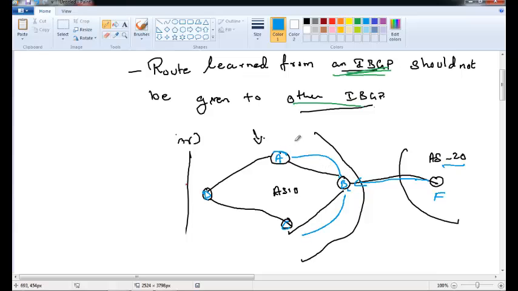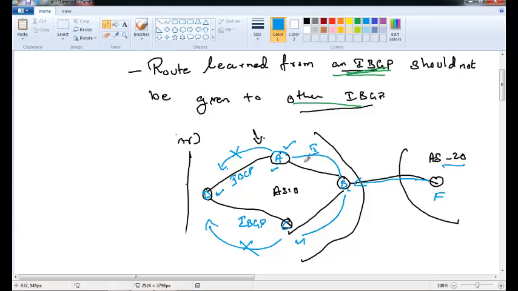So the route will be given to A as well as to C. Now this A and this D are IBGP neighbors. Likewise, C and D are IBGP neighbors. What split horizon says is, whatever you learn from one IBGP, you should not give to other IBGP.